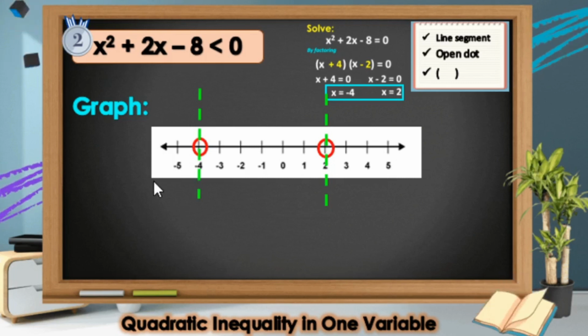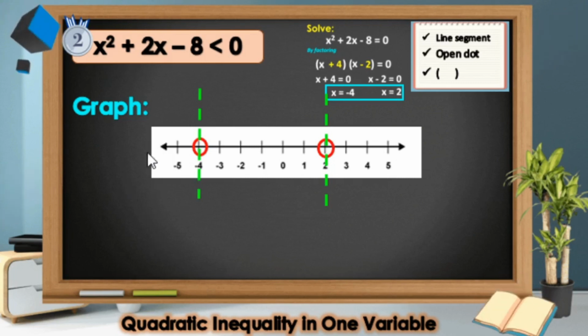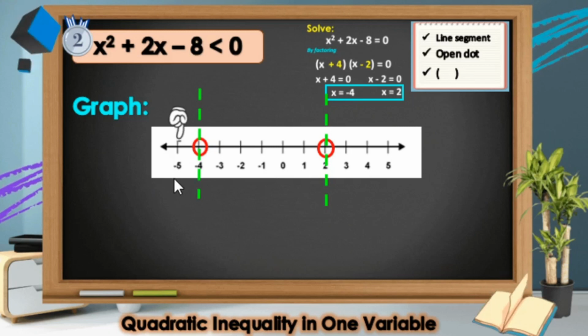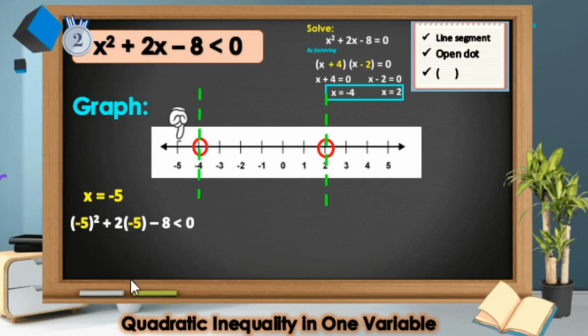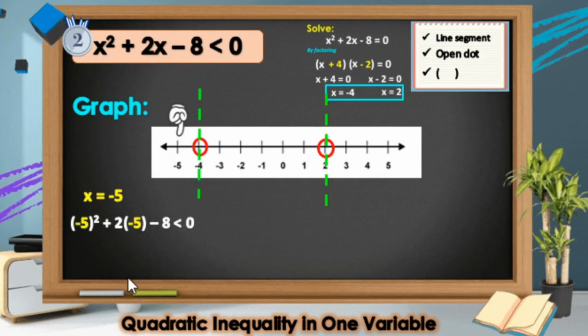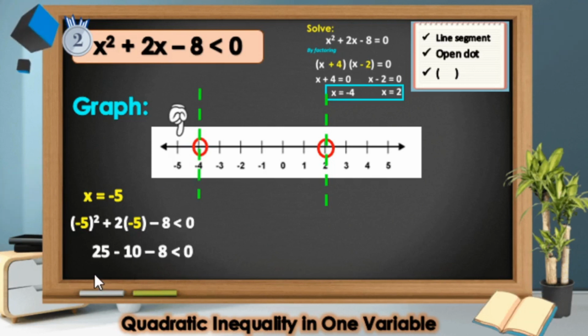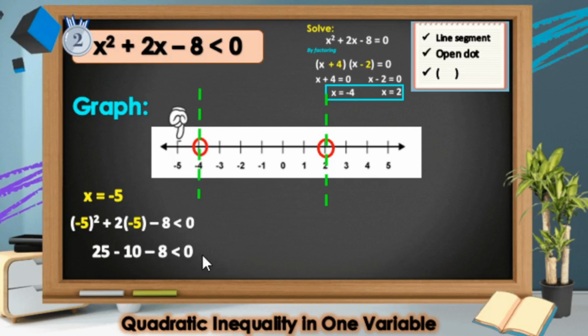So, let's try or substitute negative 5 from this region, no? So, we have negative 5 sa substitute natin sa ating x, sa lahat ng x dito sa ating given quadratic inequality. So, magkakaroon tayo ng negative 5 squared plus 2 times negative 5 minus 8 is less than 0. So, simplify, 25 minus 10 minus 8 is less than 0.